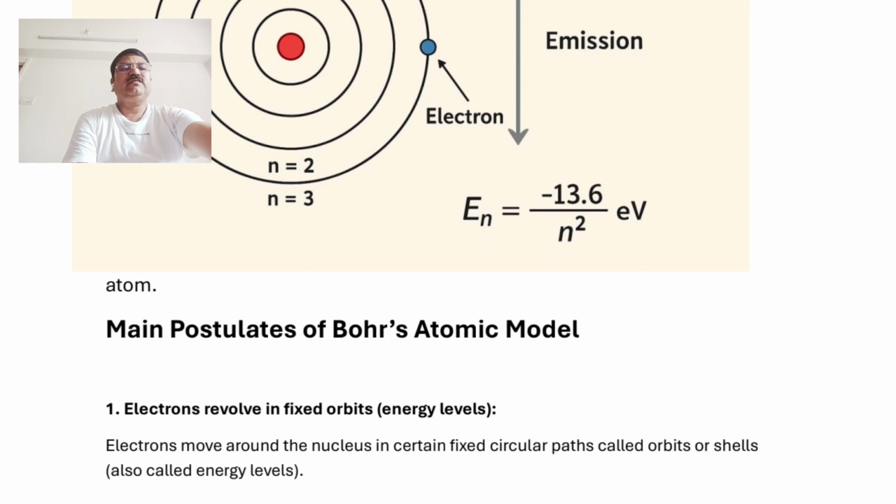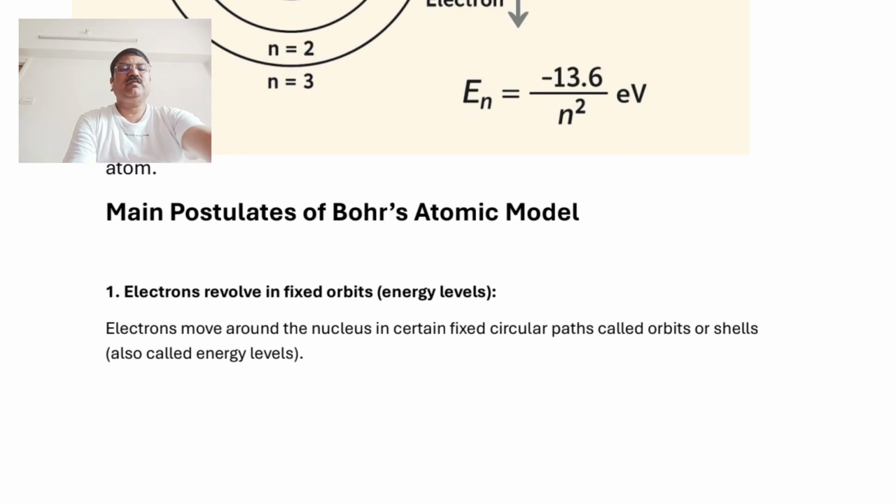Now we move towards main postulates of Bohr's atomic model. According to his first postulate, electrons are continuously revolving in fixed orbitals or energy levels. That is, electrons revolve in a fixed orbit and energy level, that is first, second, third and fourth energy level.